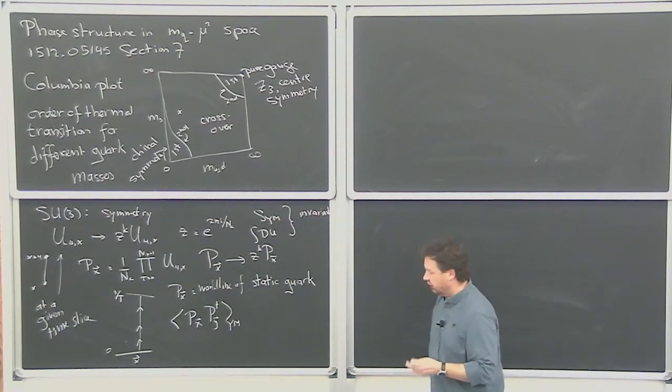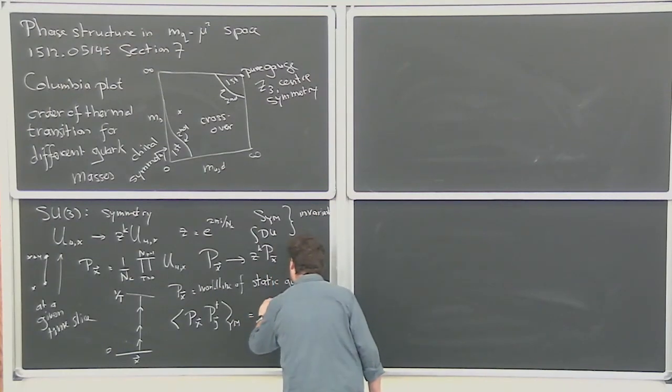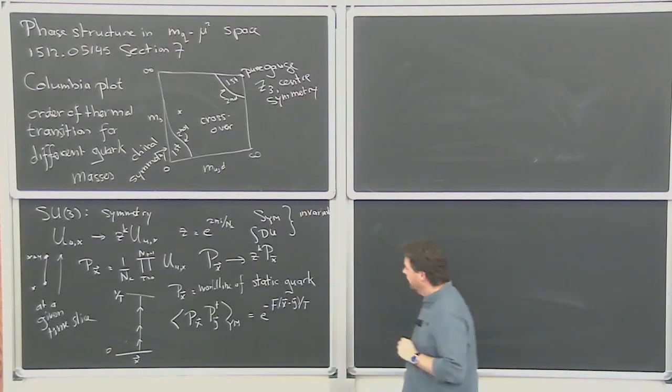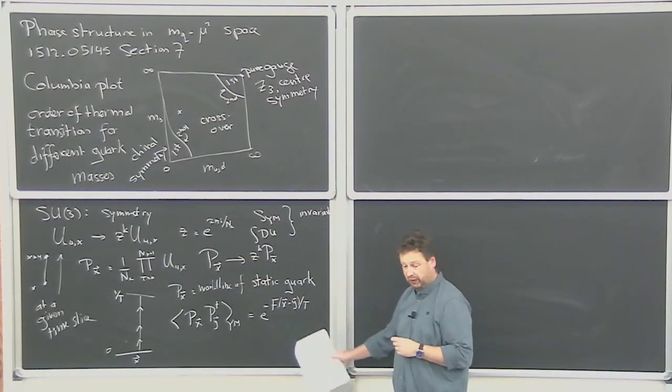I can associate a free energy with this particular configuration. This is some kind of correlator, and the way it depends on the distance I call the free energy of this quark-anti-quark pair.